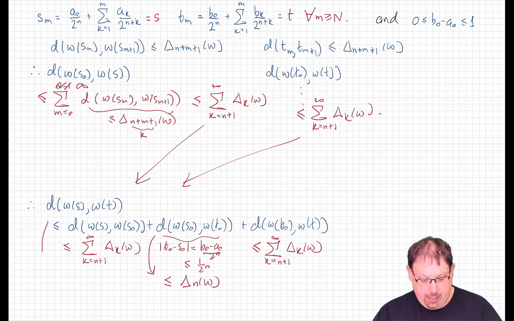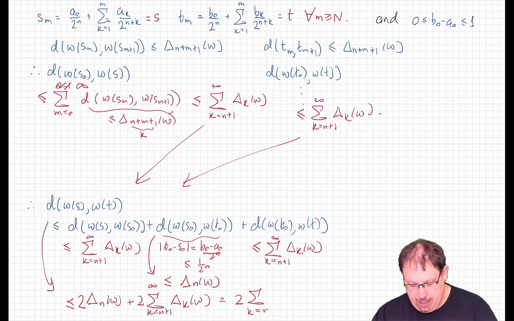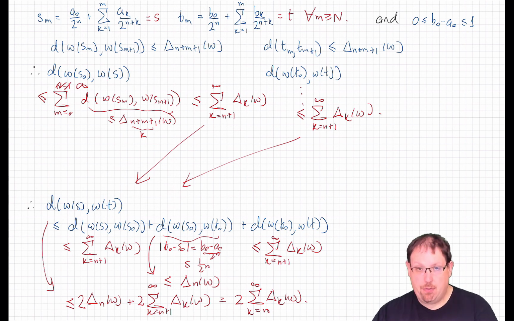And so altogether we get that this is less than or equal to delta_n of omega plus 2 times the sum k going from n+1 up to infinity of delta_k of omega. But I may as well bound that with an additional 2 there, and that gives us exactly 2 times the sum k going from n up to infinity of delta_k of omega, which concludes the proof of the claim, and therefore the proof of this proposition.